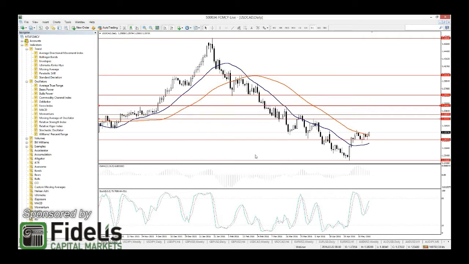So how can you use the moving average? The first use, which is very famous, is the double crossover method. To see a bullish crossover signal, we need to see the shorter term moving average crossing from below to above the longer term moving average.